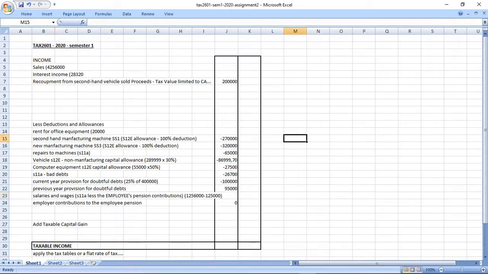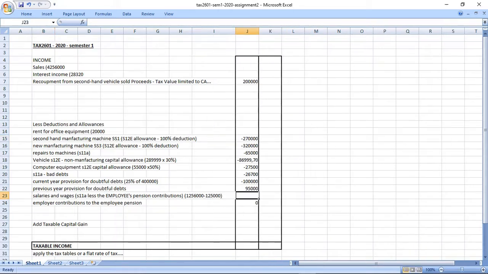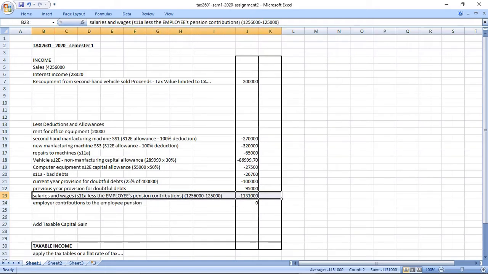Close brackets. Let's move this across. So minus 1,256,000, take out the 125,000, and that's going to give me the deductible Section 11A salaries and wages deduction as a normal operating expense.